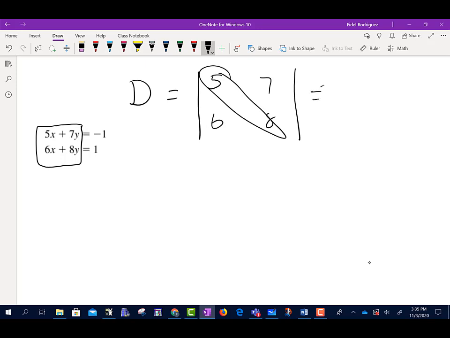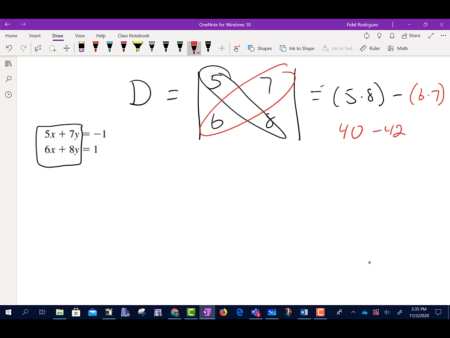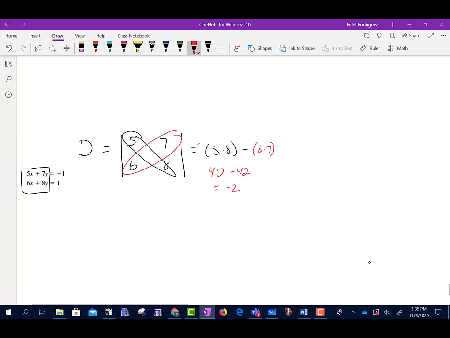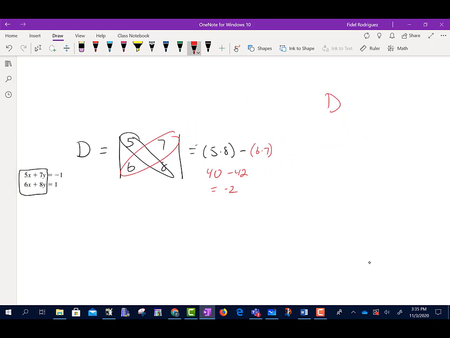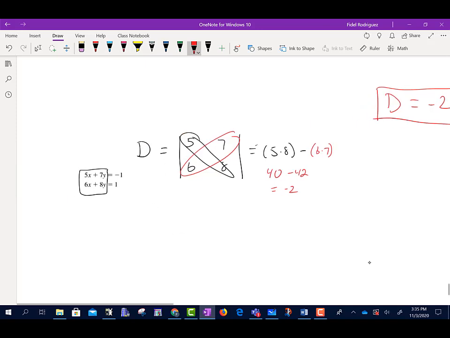This is going to be 5 times 8 minus 6 times 7. So this is 40 minus 42, -2. So all I'm going to do is over here on the side, I'm going to write that D is equal to -2. Boom.